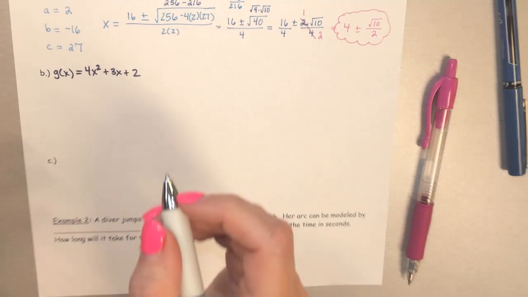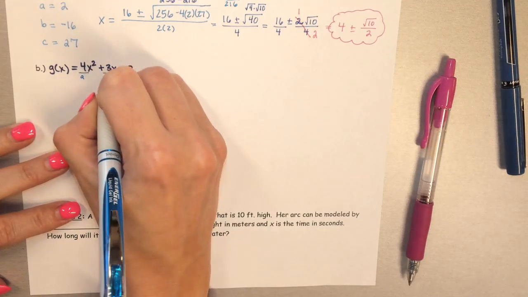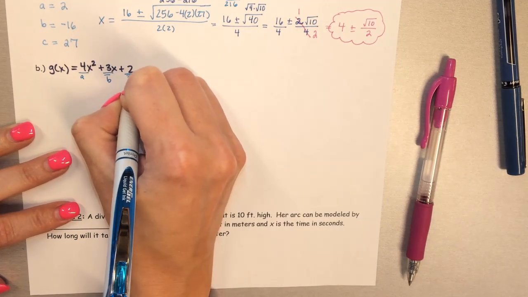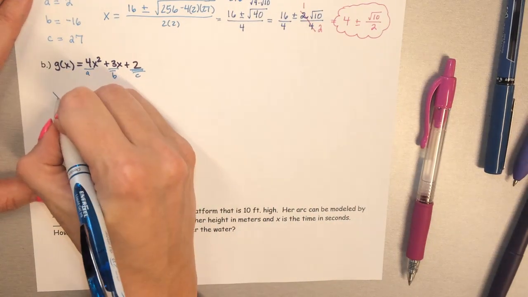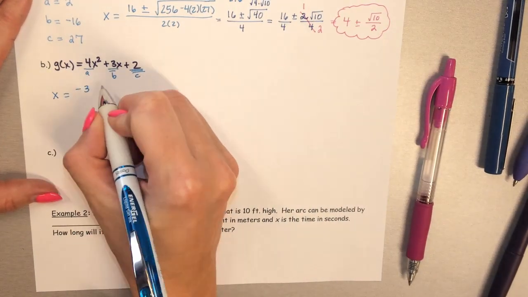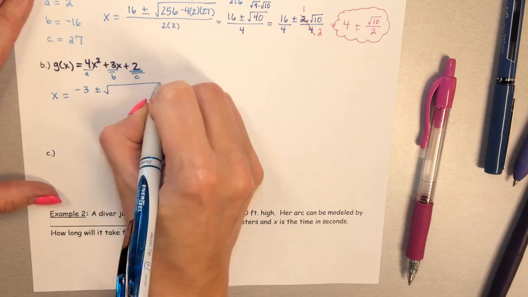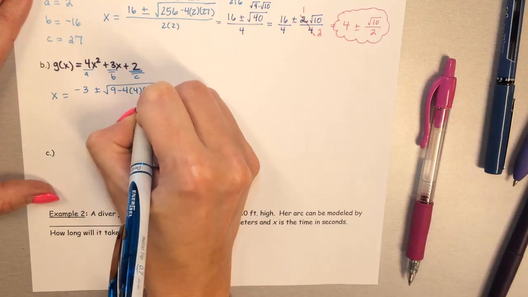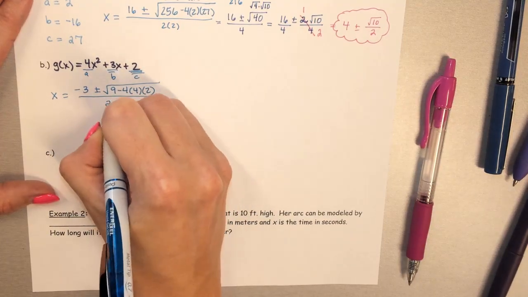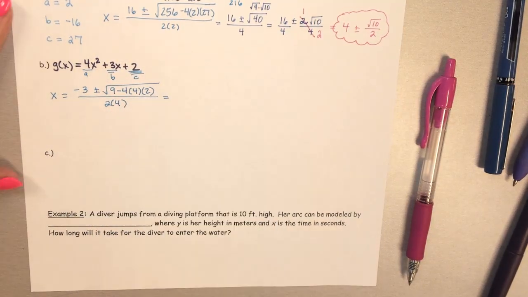Okay, so you have your A, you have your B, you have your C. Yep, so a lot of the things that we've done before are going to come back into here. So the opposite of B would be negative 3 plus or minus the square root of B squared, which is 9, minus 4AC. Okay, all divided by 2A.